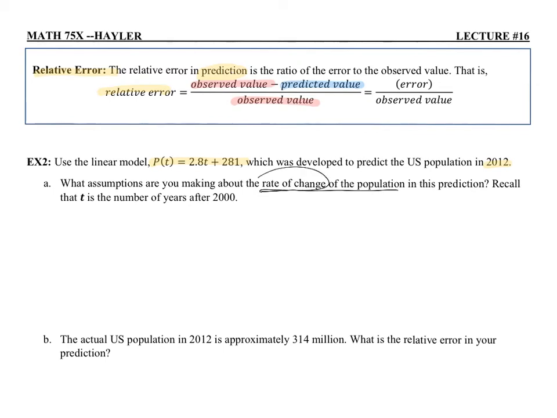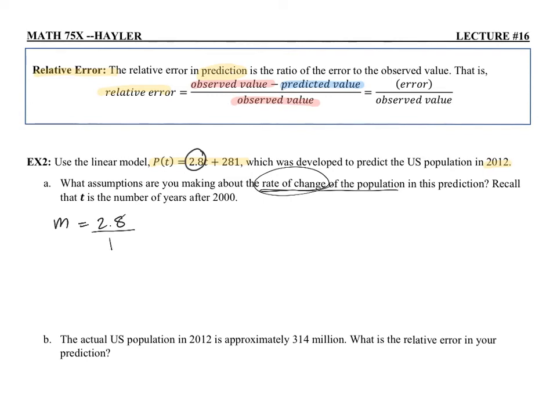Alright, so it's talking about what's the rate of change. Well, remember, rate of change is the slope. So let's take a look at what the slope is for this problem. And the slope is 2.8. Now, let's go ahead and write this as a fraction over 1.